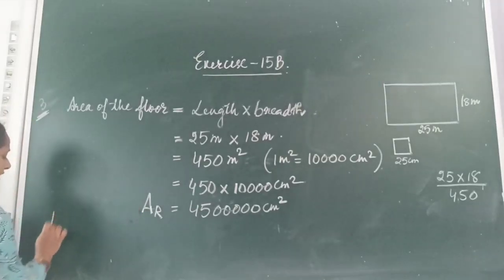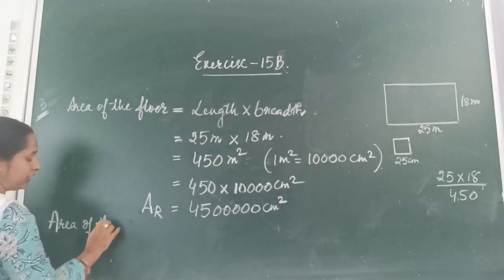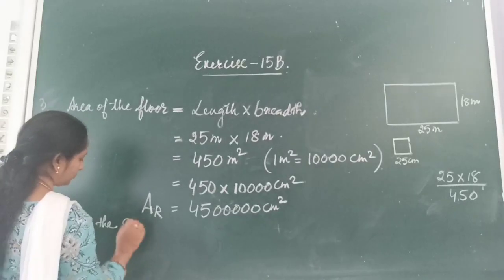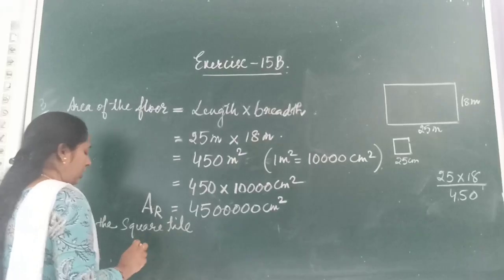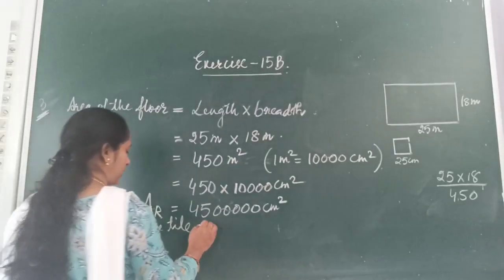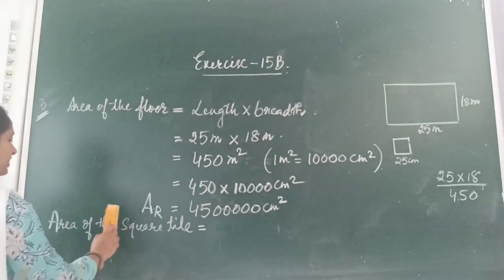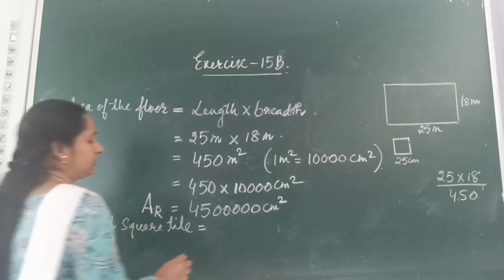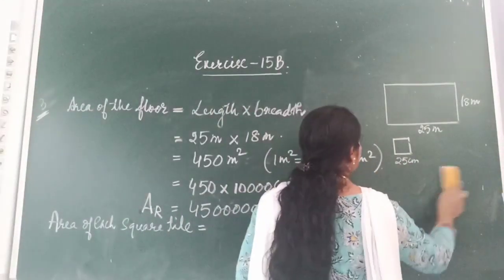Now let us find the area of the square tile. You can write here, area of each square tile. The side length of the square tile is 25 centimeters.